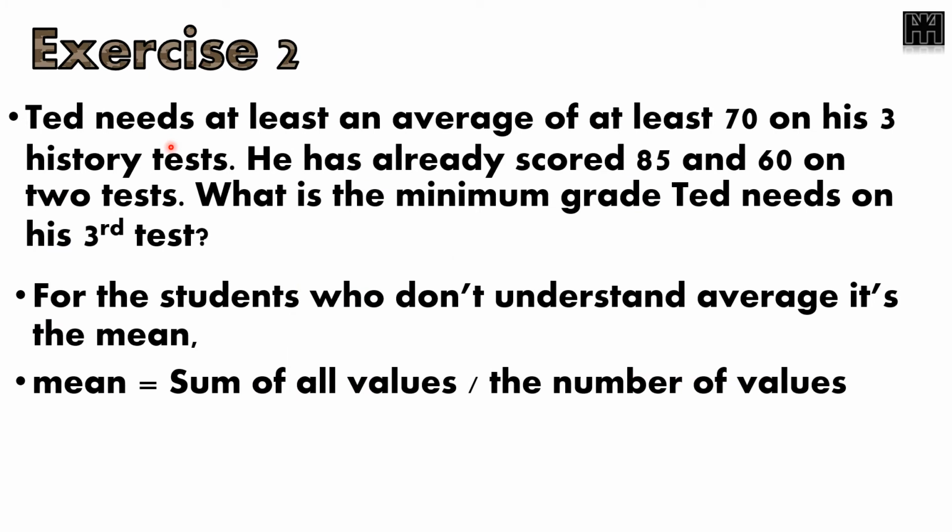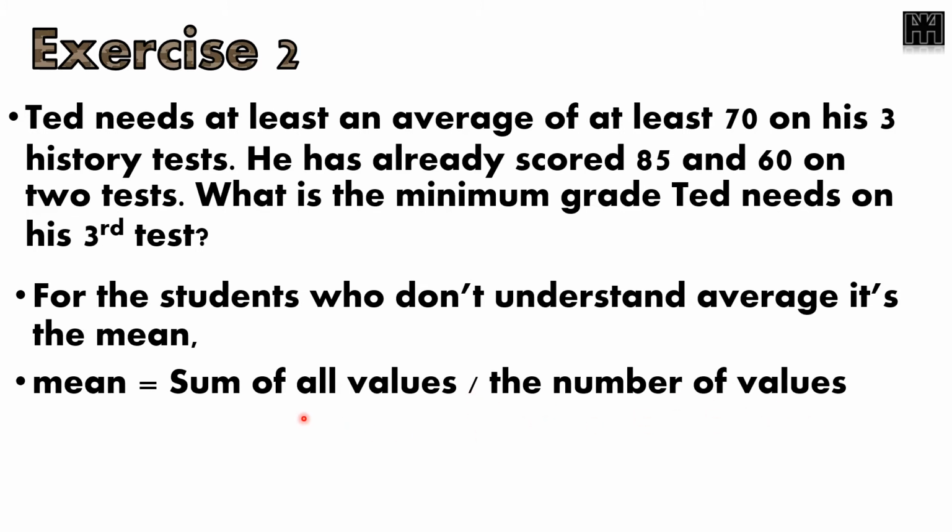Now Ted needs an average of at least 70 in his 3 history tests. He already scored 85 and 60 in 2 tests. What is the minimum grade Ted needs in his third test? Okay, for the students who don't understand the average, it's the mean. What is the mean? The sum of all values over the number of the values.